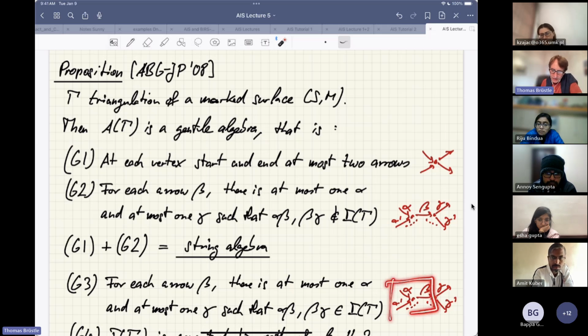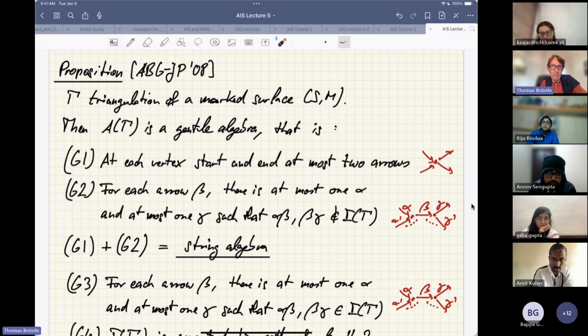When you have a situation like this, two arrows enter in one arrow beta, there must be precisely one of the products zero. It cannot be that both products are zero. It cannot be that both products are non-zero. Precisely one of the two must vanish. And this is for ingoing arrows to beta and for outgoing arrows from beta.